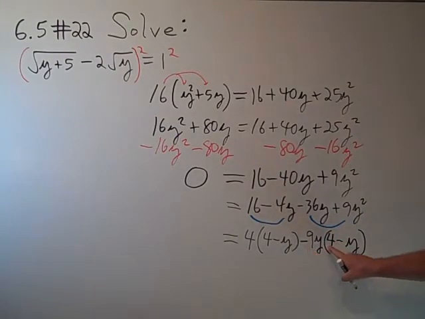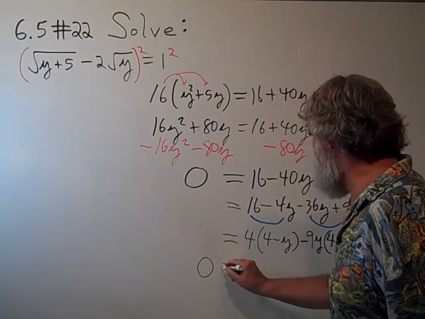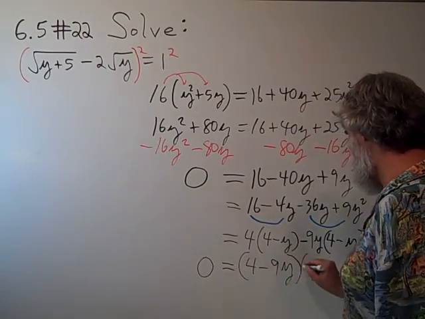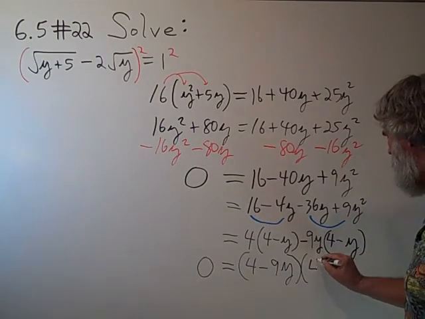Because negative 9y times 4 is negative 36y, and negative 9y times negative 9 is positive 9y squared. So that means our factorization is 4 minus 9y times 4 minus y.